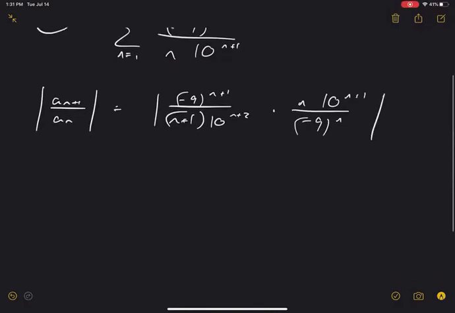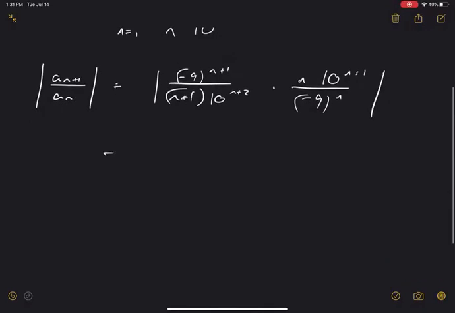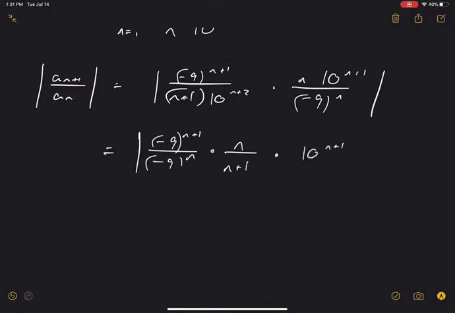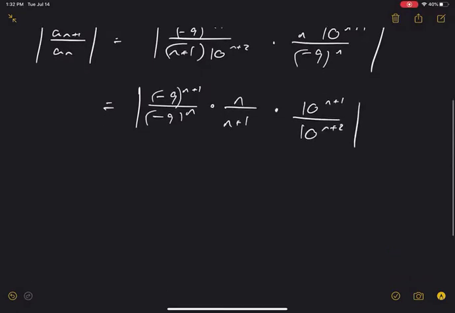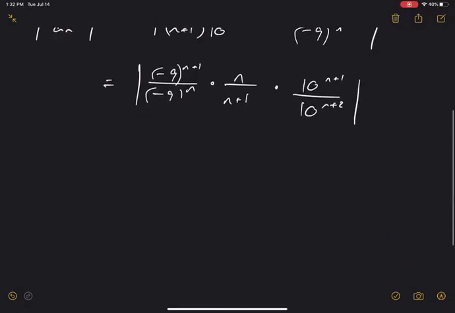So that's my a_{n+1} over a_n. Let's simplify and regroup similar stuff with similar stuff, so I can simplify easily.